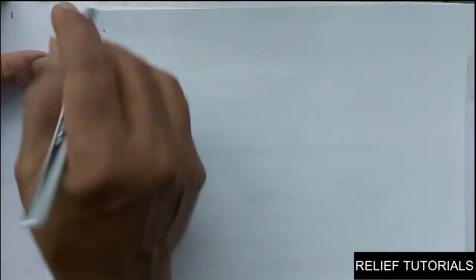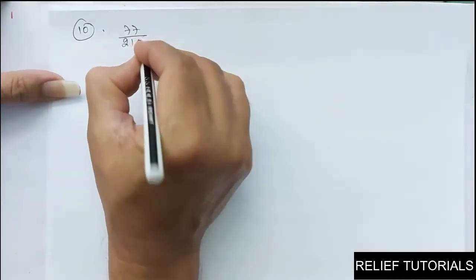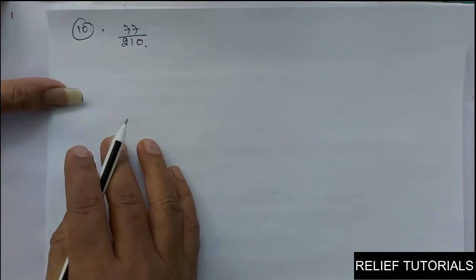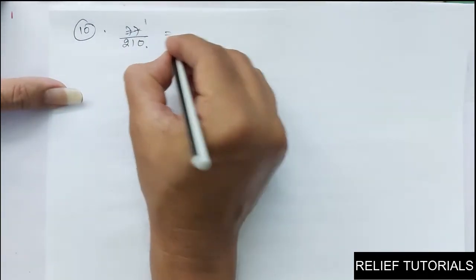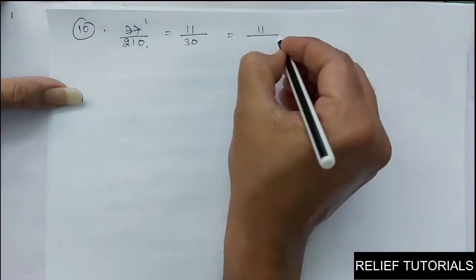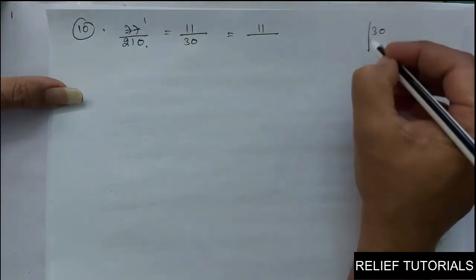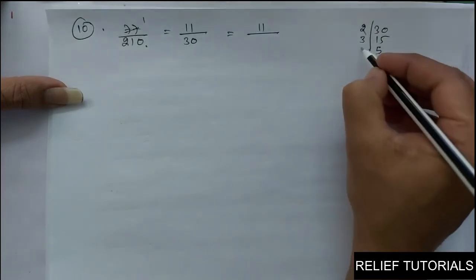So now the last question, 10. 77 upon 210. If you are able to divide, you can divide. I can write 7 11s are 77 and 7 30s are 210. So 11 upon 30. Now you find the factors of 30. 2 times 15, then 3 times 5, then 5 times 1.